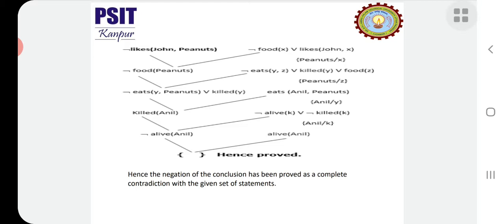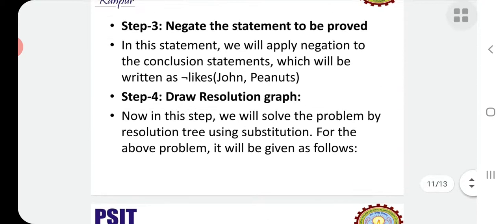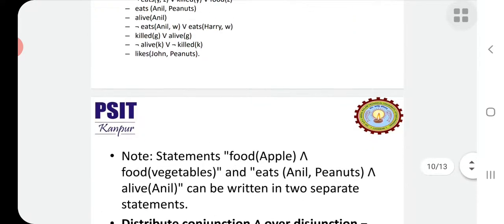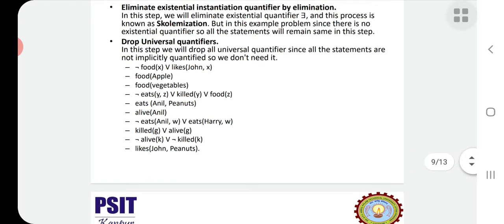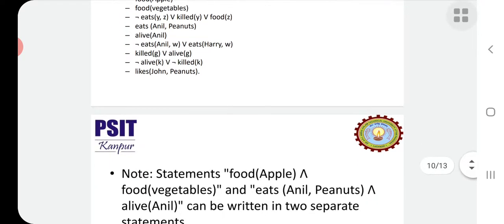So now you have a set of statements. After the second step you have these statements, right? Now you have to check the negation. What was it? Likes(John, peanuts), right?